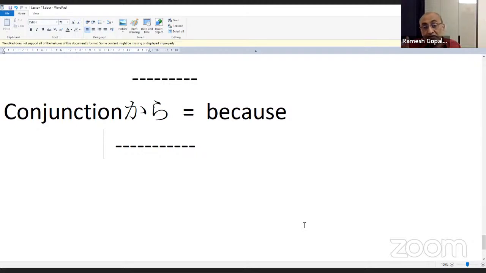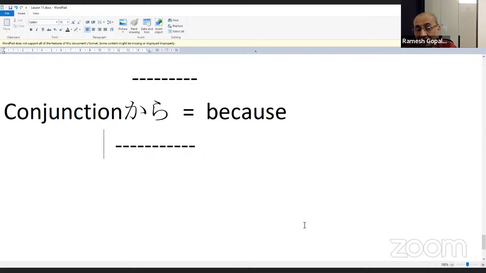You can say the reason after. Ice cream o kaimasu. That is one sentence, no? But then you cannot make two sentences one sentence. What happens is you say ice cream o kaimasu, I'll buy ice cream. The next sentence will say ice cream ga suki desu kara. Kara will come at the end.